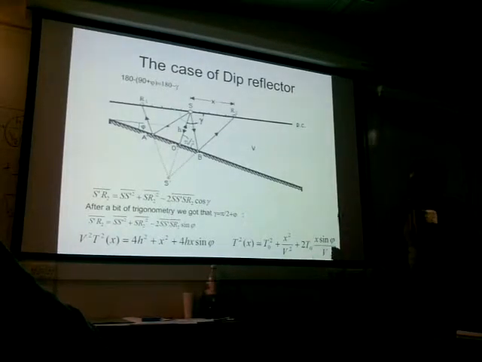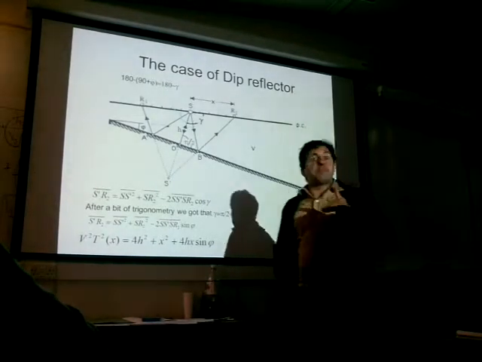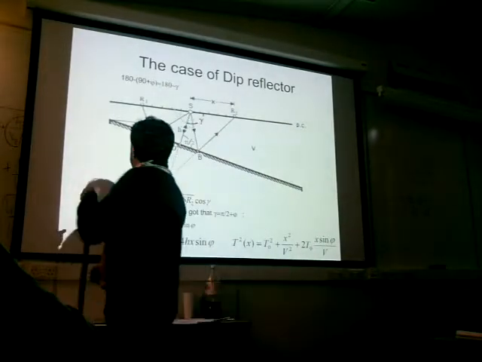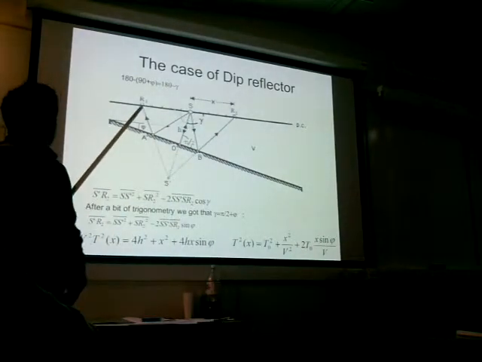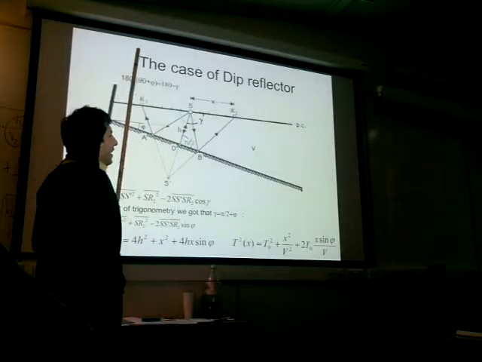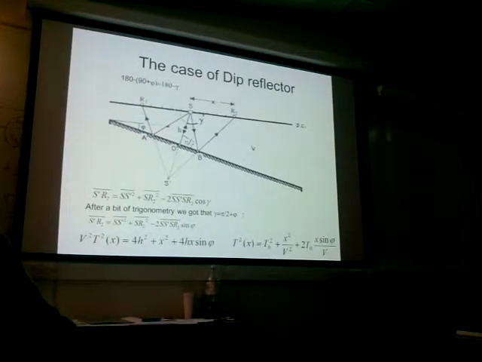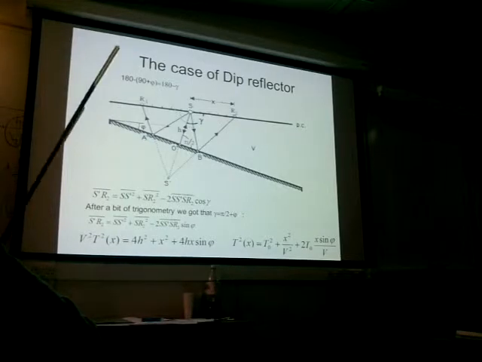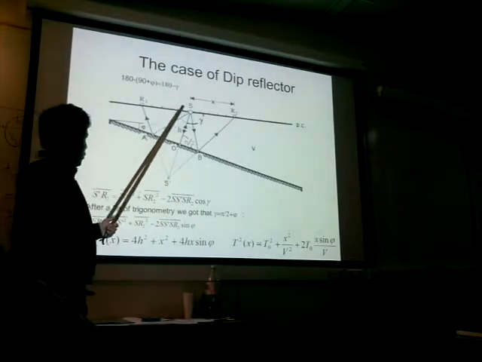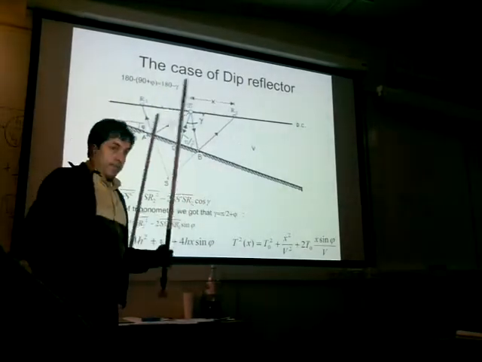Now, the first problem you get if you have a dipping layer is when you are positioning your receiver and your source, in that case a common source representation of it. So the first thing you have to notice is that this is a common source representation of the acquisition, because we have a source surrounded by receivers.